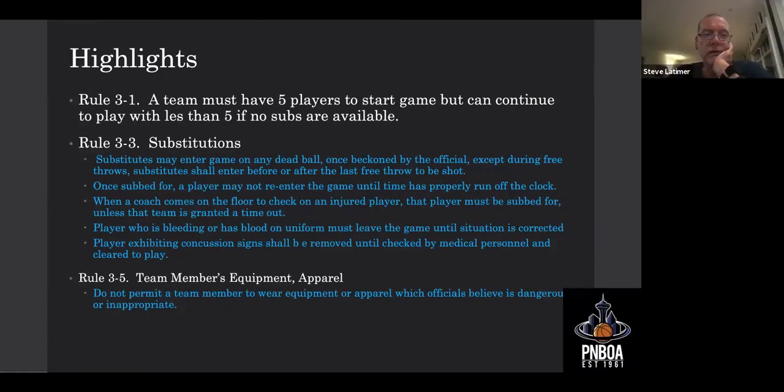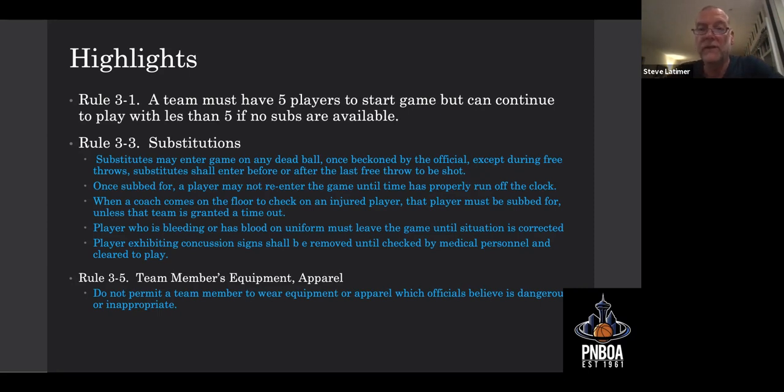Okay, so Rule 3 highlights. You got to have 5 players to start the game. Although you could show up at a rec tournament or whatever, and the director says they can start with 4 and just go with it, whatever they throw out at you. But from a rule book standpoint, you need 5 to start the game.